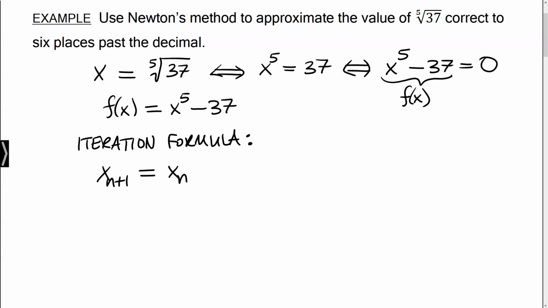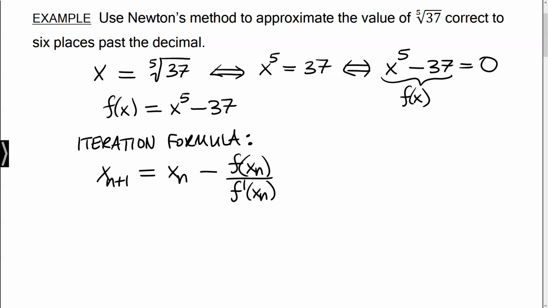So the n plus first number or guess is given by the previous guess, and then we subtract off a fraction, and the numerator is the value of the function at that guess divided by the derivative evaluated there.